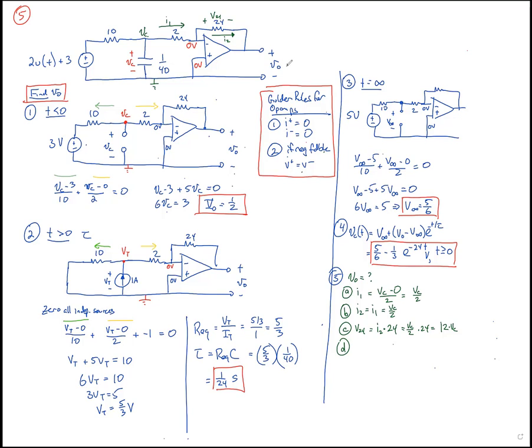V naught is equal to this voltage minus V24. What this is saying is that this voltage here is 24 volts less than this voltage, but this voltage we say is 0. So this voltage has to be minus V24, and that's the same as V naught.